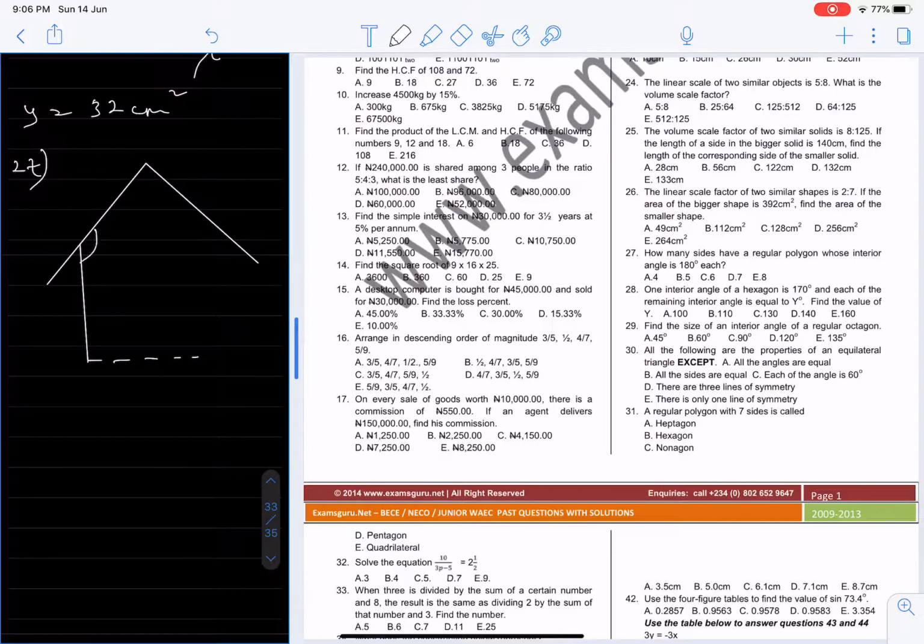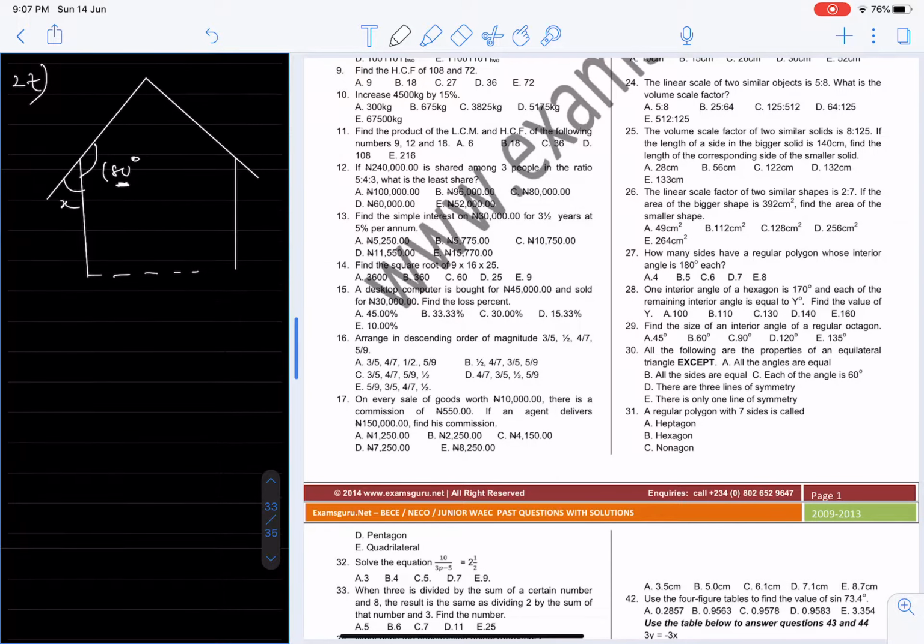Each interior angle is 180 degrees, so I can find each exterior angle.